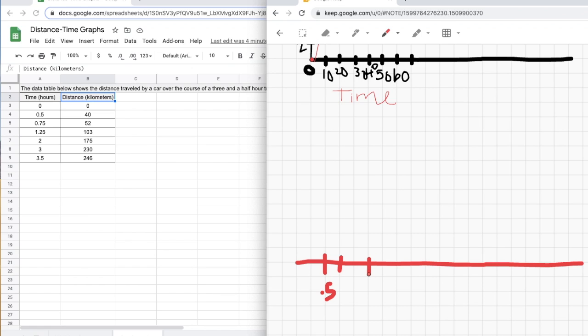And then we'd have another 2. And then we're going to go 3 for the next one, and then 4 for the next one, and then 2 again. So it's doable, but it's a little trickier to make sure that you have it nicely spaced out and to scale.